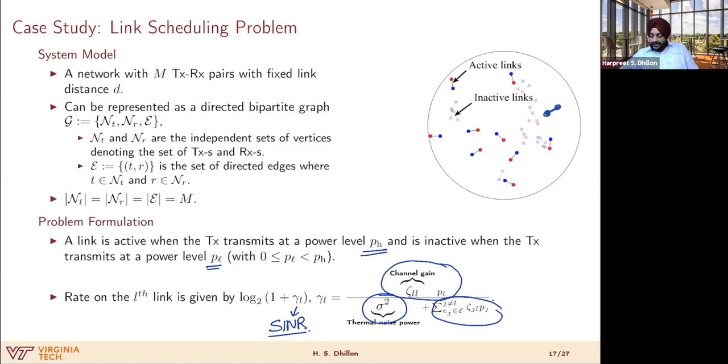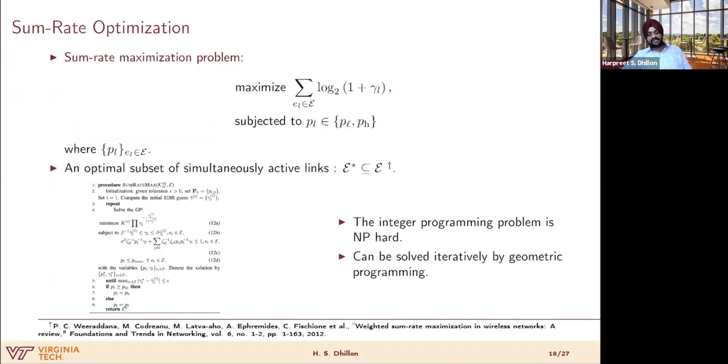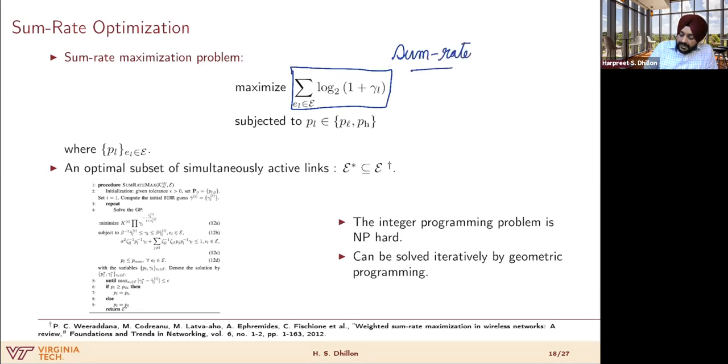Now, as some of you may have already recognized, this is a classical problem where we set up some objective function which could, for example, be just maximizing the sum rate. In this case, we can define the total sum rate of all the links. So this is the sum rate subject to our power allocation restrictions.